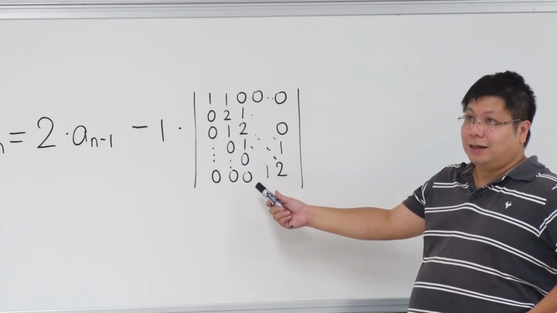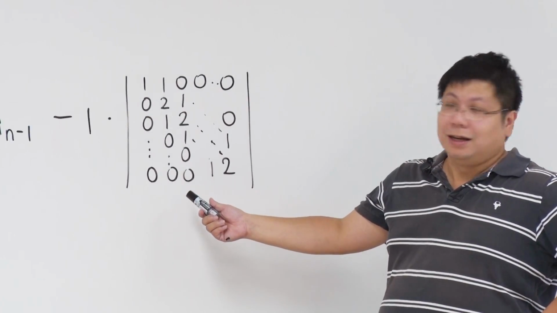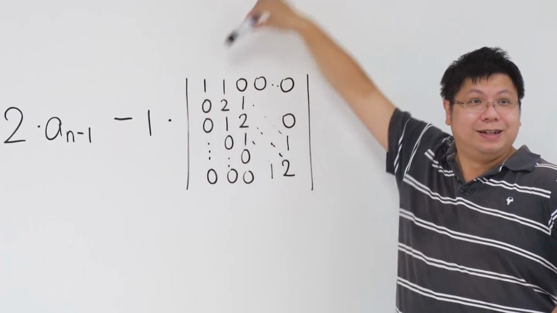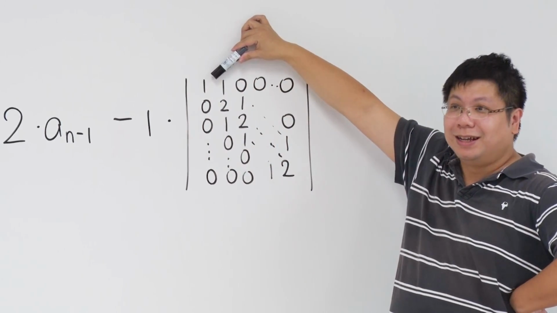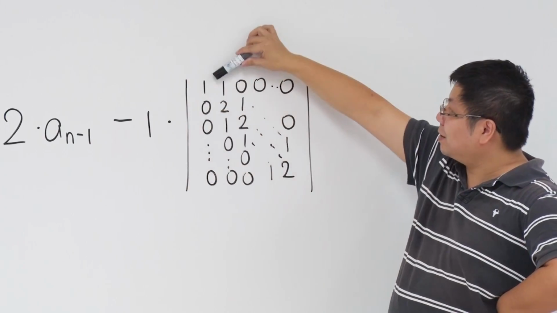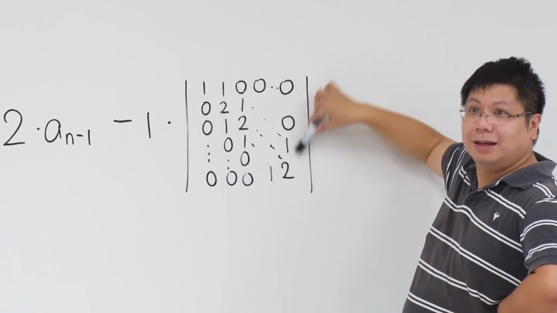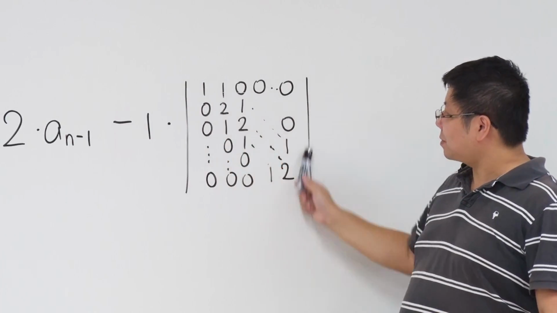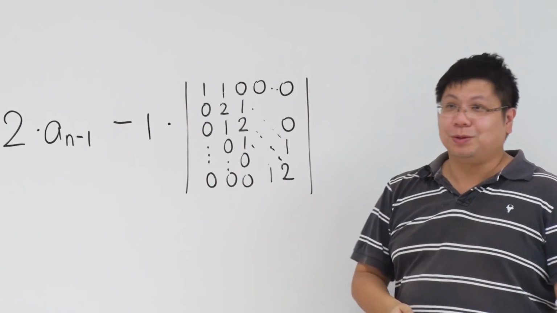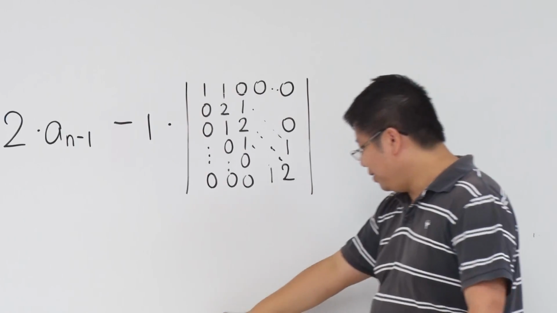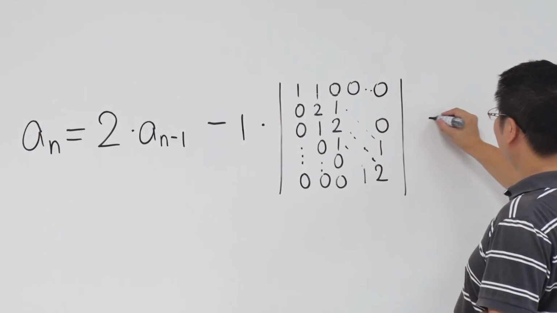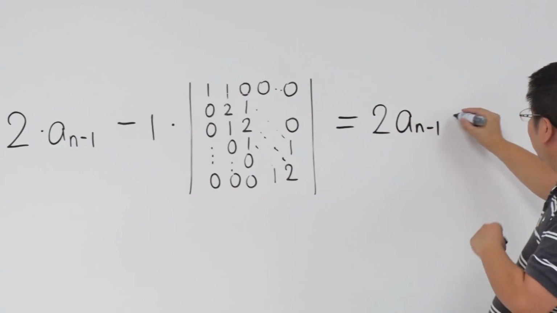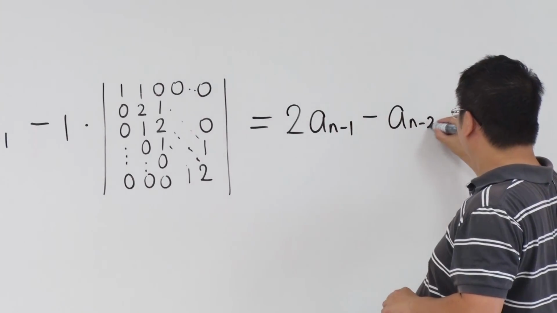This time let's fix the column, because the column has just 1. If you look at this column, it's just 1 times this 1, and nothing else. And what is this part? A_{n-2}, right? Good. So this is equal to 2 times A_{n-1} minus A_{n-2}. Is that okay?